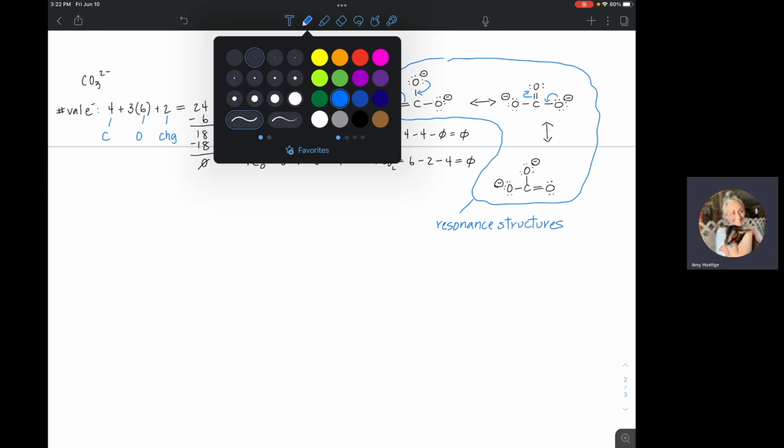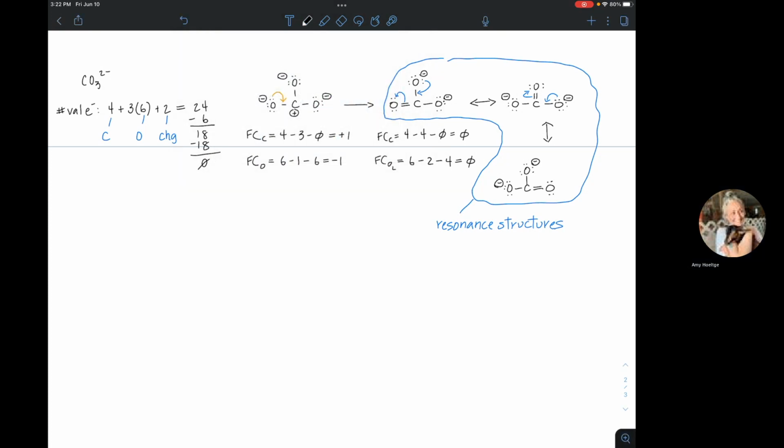You can do a calculation on these species and you can get a feel for, say, from Gen Chem, you remember that single bonds are longer and weaker, or they have less energy about them than a double bond, which is shorter, right?